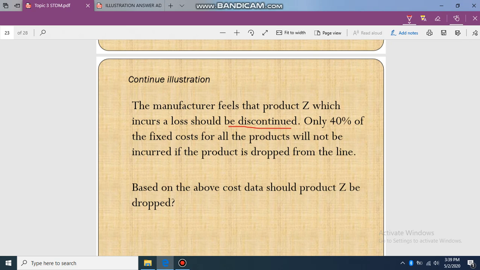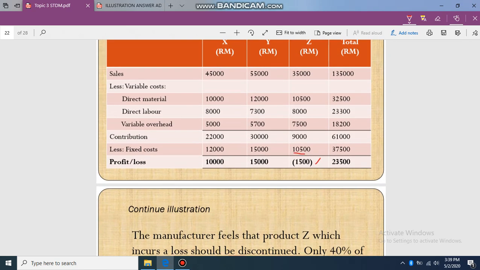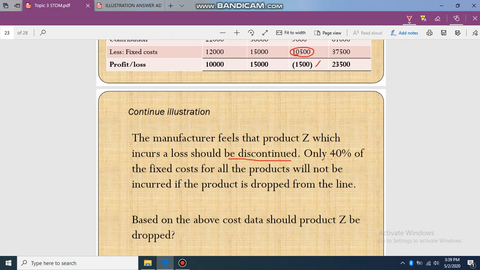From the total fixed cost of Z, 10,500, there is 40% of the fixed cost that will not be incurred. So if you produce Z, it will be incurred. If you do not produce Z, it will not be incurred. So that means this 40% cost is avoidable.